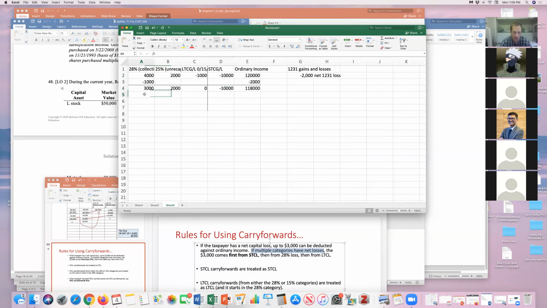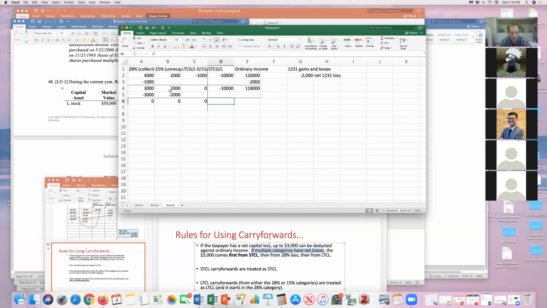I can take 3,000 of it to eliminate that gain. I still have 7,000 left, so I can take 2,000 here. Now all my long-term gains are eliminated.